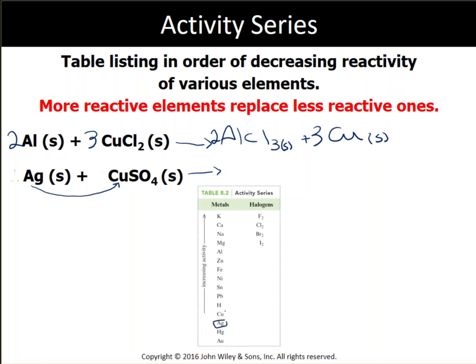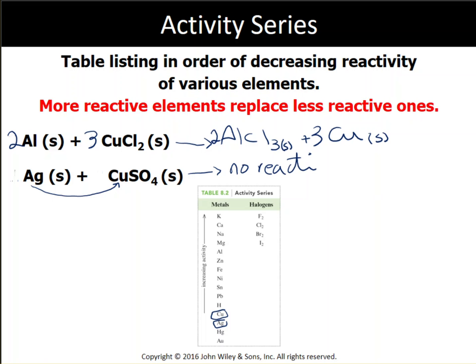So here is copper and silver. As you see, silver is not more active than copper, meaning that silver does not have the ability to replace copper. What does that mean? It means that no reaction will take place.